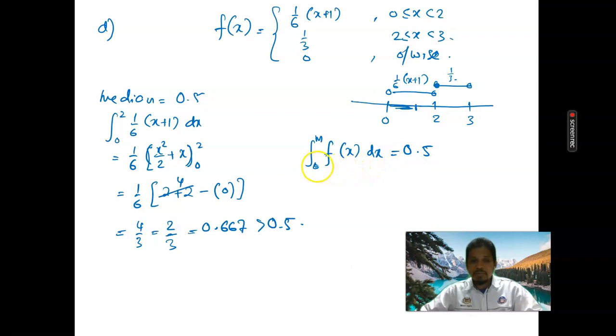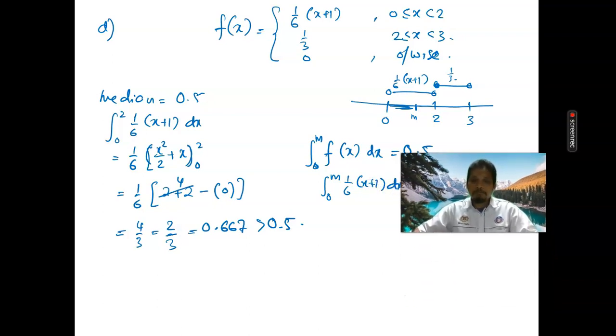So the integral from 0 until m. So what is our value of m here? We're going to find out now. From 0 until m, the function involved here, 1 over 6 x plus 1 dx, equal to 0.5.